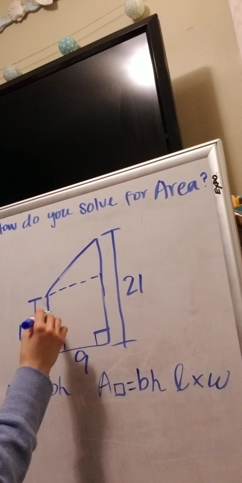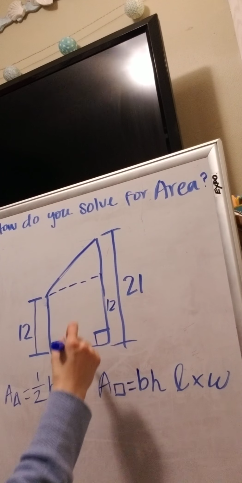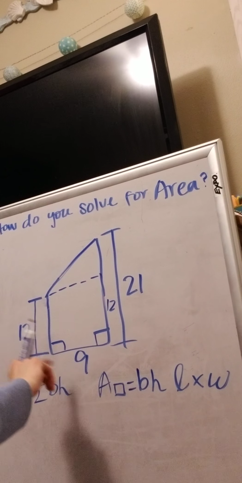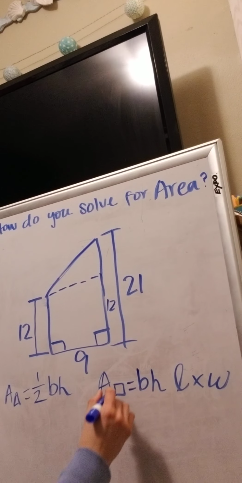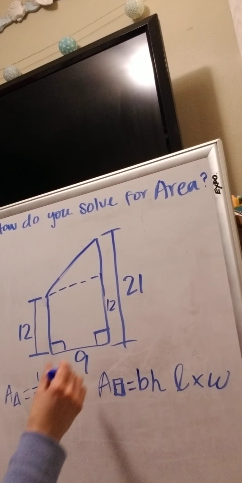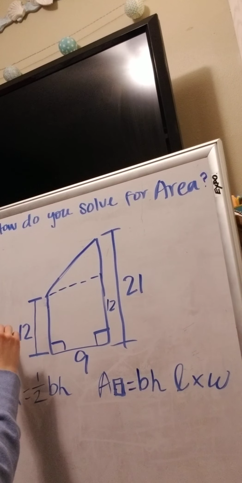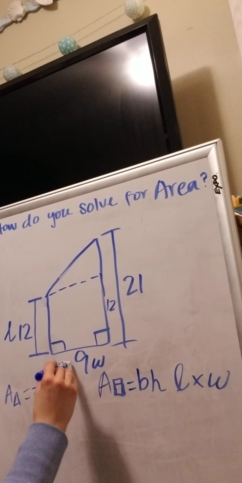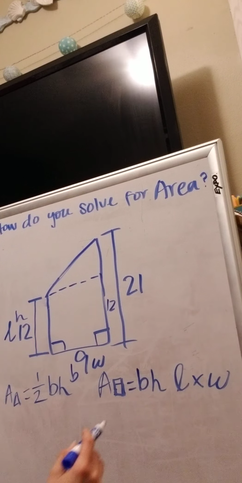So if we know that this side is 12, then this side has to be 12 as well. Okay, so it's a rectangle because the sides are not the same, but it's the same formula. So we're going to do 12 times 9, because that's the length times the width, or the base times the height.